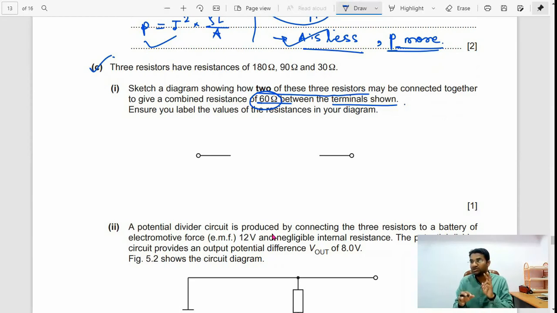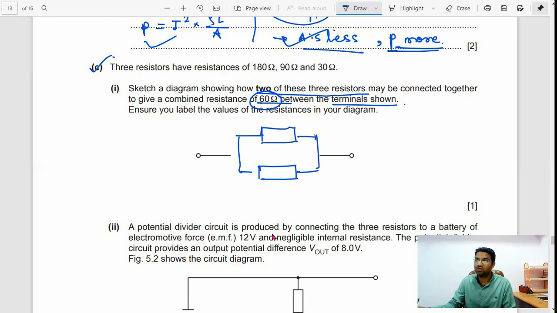Okay, now which two resistances do you have to pick? Look at this one. If you pick 90 and 30, you will not get 60. So you have to pick 180 and 90 and place them in the parallel combination so that you will get 60 ohm, right? This one is 180 and this one is 90 ohm.